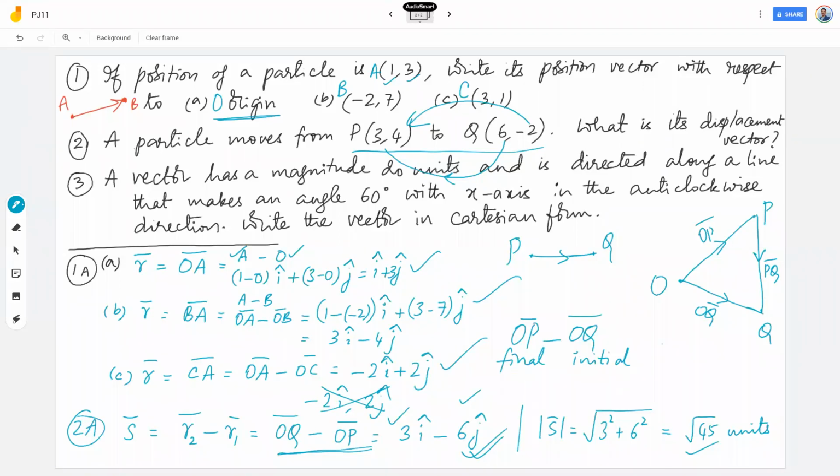OP and PQ. Yes. So therefore, OP bar plus PQ bar is equal to OQ bar. So from this equation, you get PQ bar equal to OQ bar minus OP bar. Understood? This will never be explained again. Kaushik, I think the explanation for your question is also there.